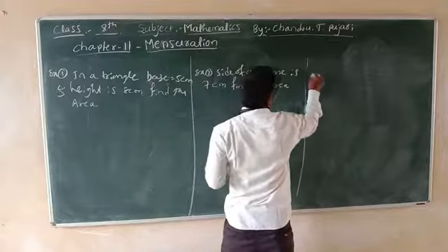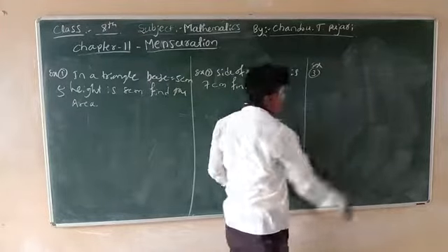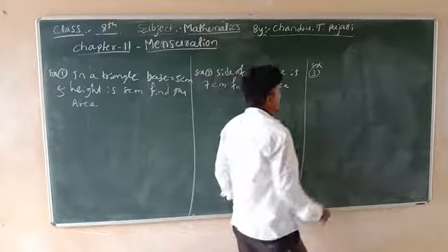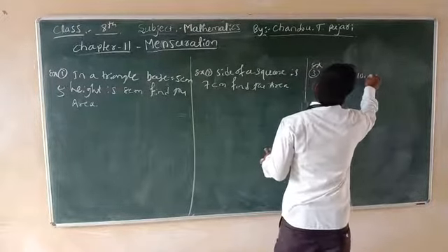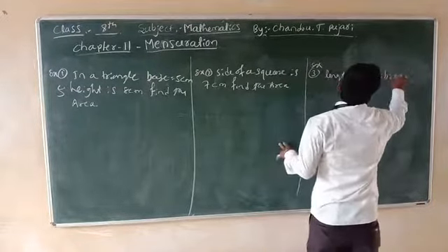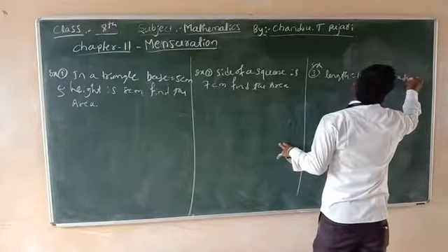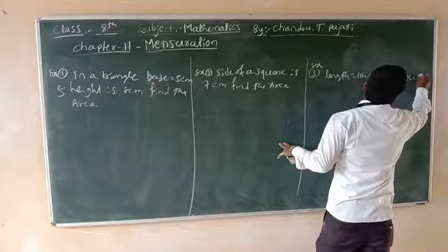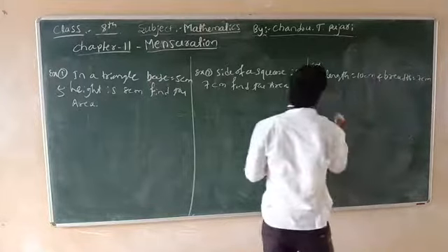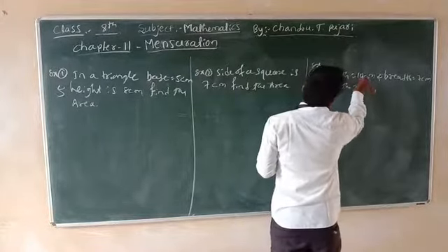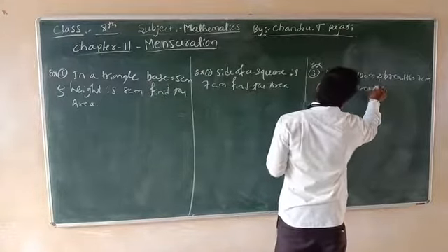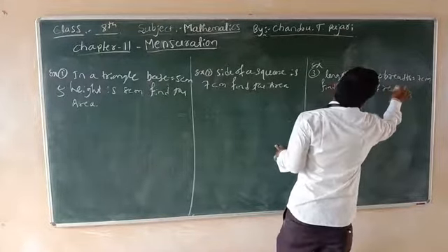Next, the third example. Length is 10 centimeters and breadth is 7 centimeters. Find the area of the rectangle.